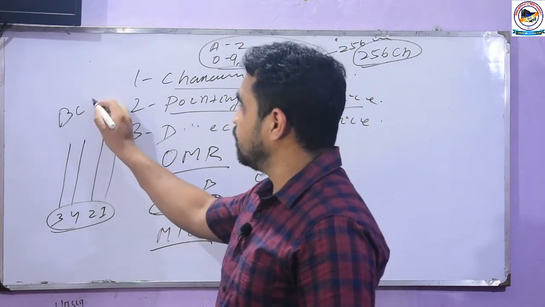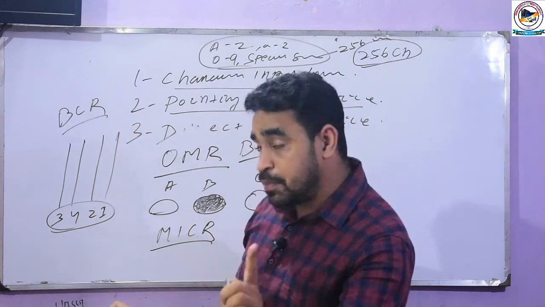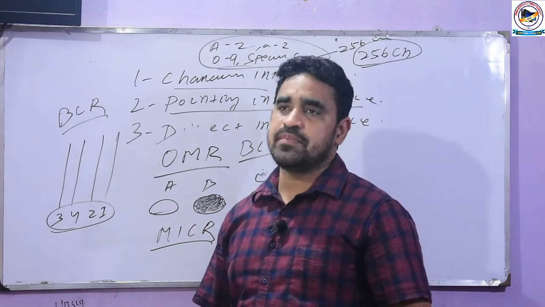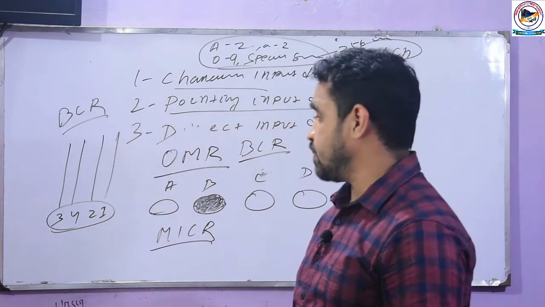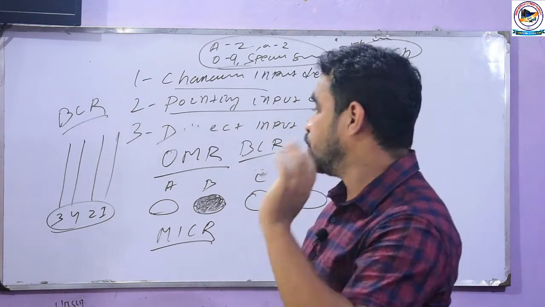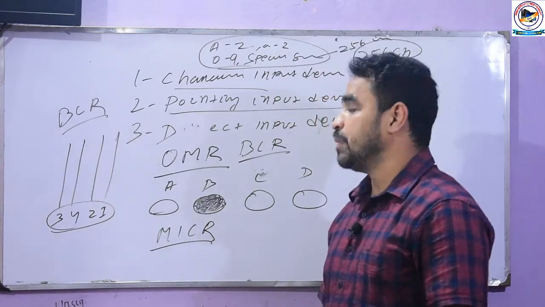This is known as a BCR. The numbering depends upon the width of the bar, not on the height. You find different postal packages with a number of barcodes to identify the specific book, pen, pencil, postal package, etc. That is the BCR.